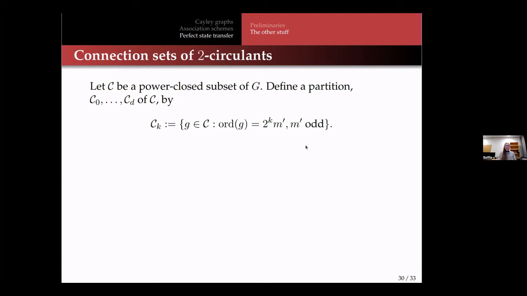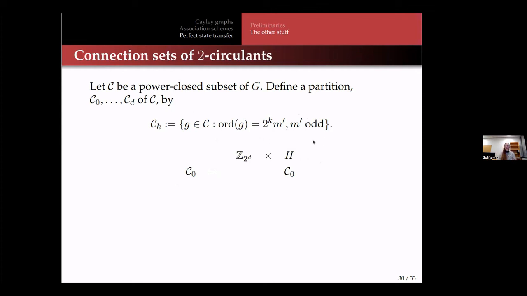Now we're going to partition our connection set in the following way. We let CK be the set of elements in C that have order 2 to the K times an odd number. So we're going to look at an element of C, look at its order, and we just care about the power of 2 in this order, and not the odd part. In particular, C0 is going to be the subset of elements of C that have odd order.